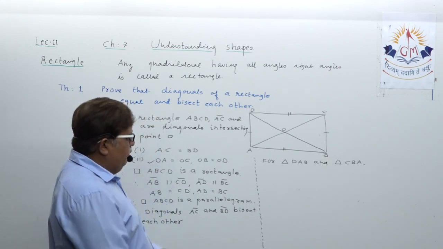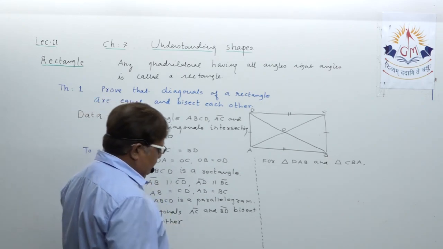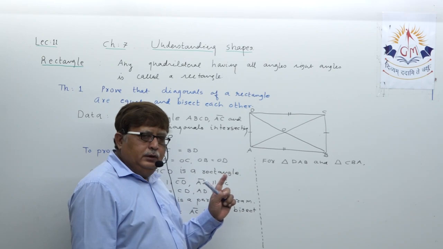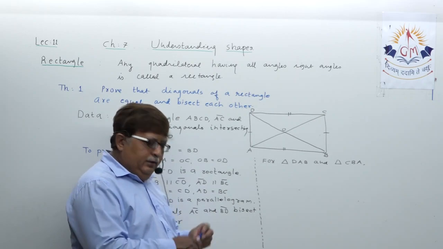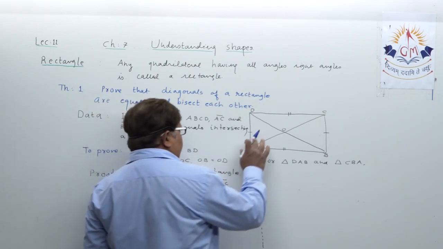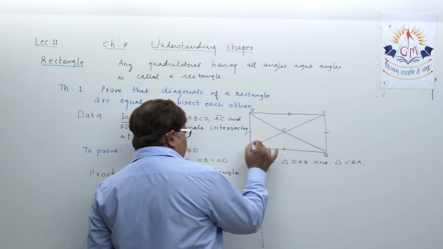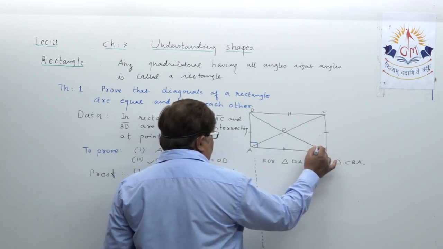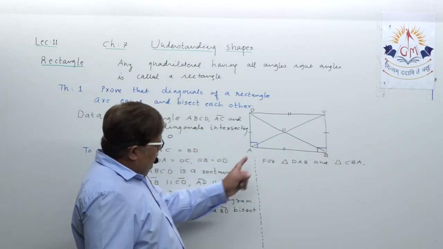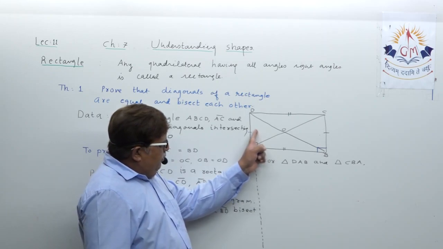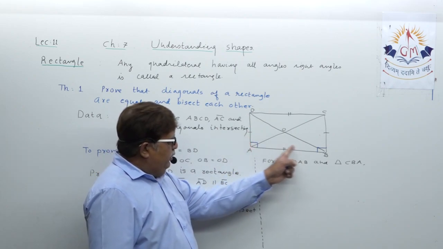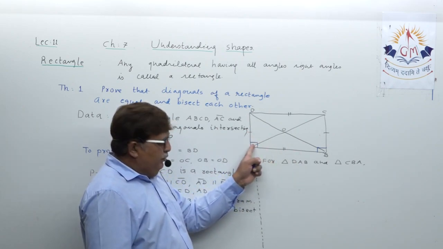Understand? See, dear student, because it is a rectangle, you all know that in a rectangle all angles are right angles. Here my target is on these two triangles only. So let me show angle A as a right angle, angle B as a right angle. Now you think of this triangle only, triangle DAB: these two sides and this is the included angle.